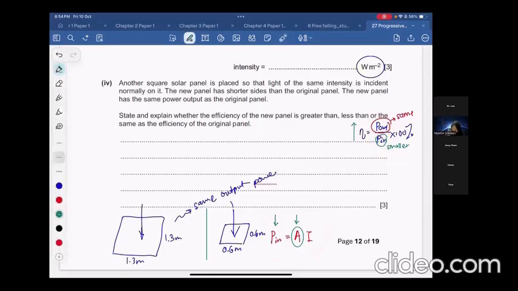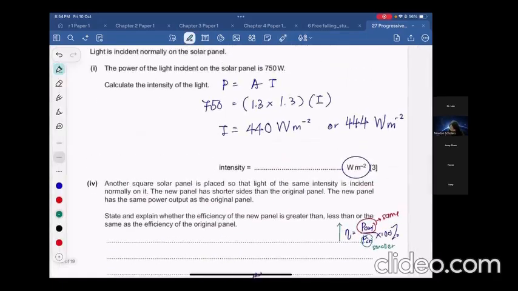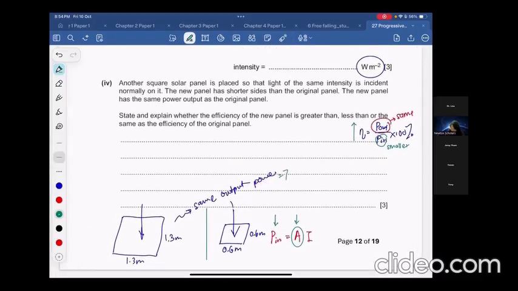If you still cannot get it, then we have to put some values. Let's say the power output that we get is 750 watt. For this case, I receive 1500 watt. My output is 750, my input is 1500, times 100%.